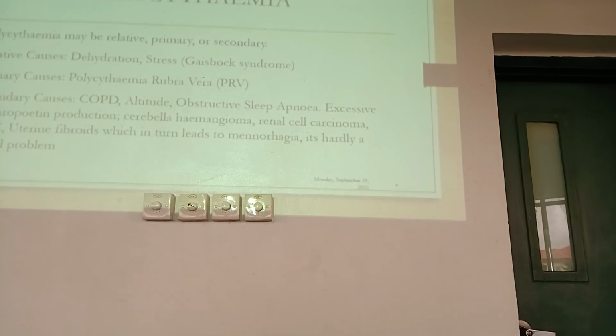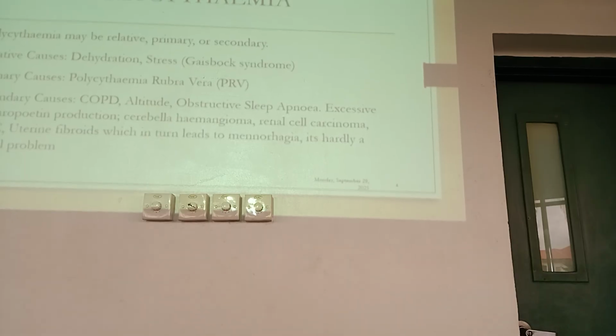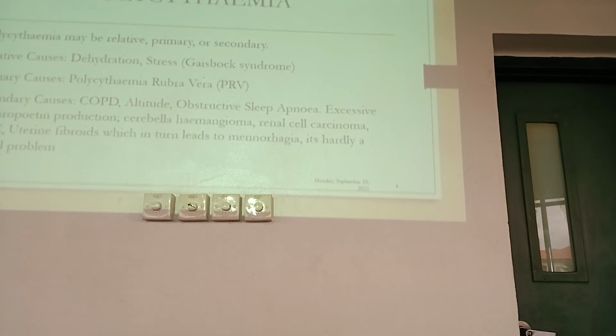If you are in the desert, you can be dehydrated because there is no water. But in this part of the world, it is vomiting and diarrhea. If you have severe vomiting and diarrhea, like in cholera, you are losing water and blood plasma, and then the plasma volume will drop, and it will appear as if the PCV is high, because PCV is a relative term between the red cells and the plasma volume.